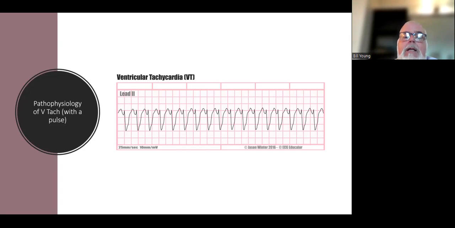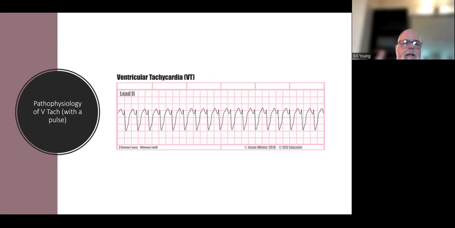Now, when we're looking at this, you can have short runs, or you can have long runs, or you can have sustained VTAC. A short run would be 3 beats and then it stops. Okay. A long run would be anywhere from, say, like 10 beats.